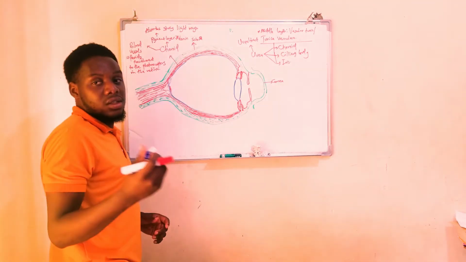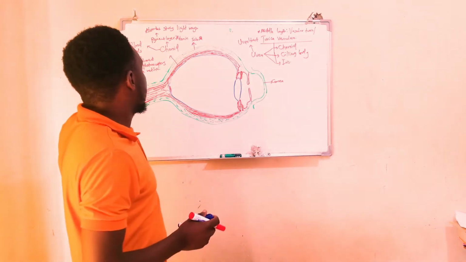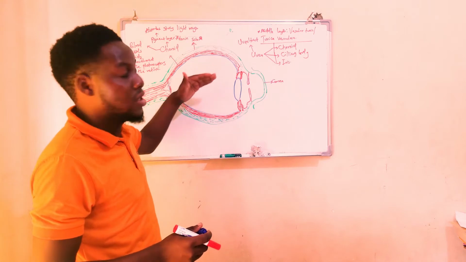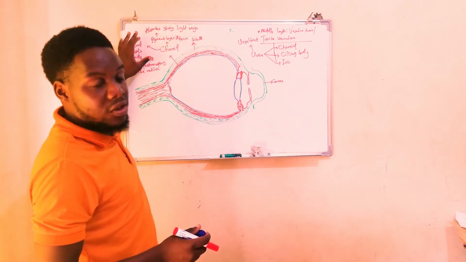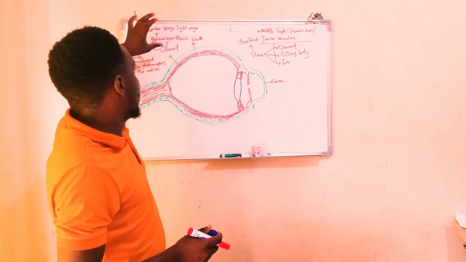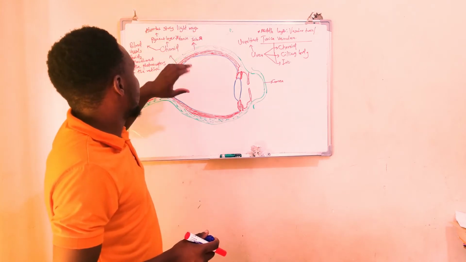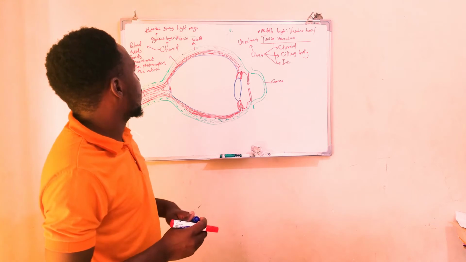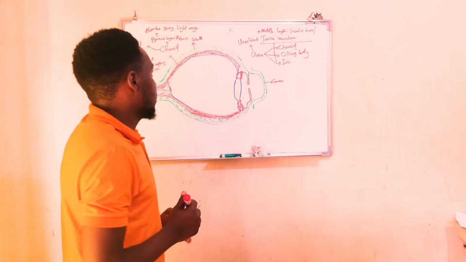So the first function of the choroid is that it provides nourishment to the photoreceptors of the retina, because it has got blood vessels. So it has a vascular component as well as a pigmented layer. The pigment that we're going to find there is melanin, and functions in absorption of stray light rays.